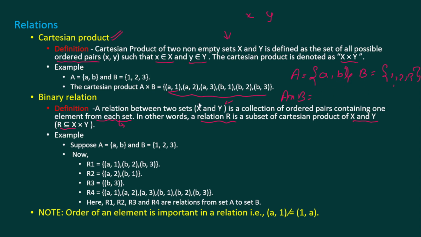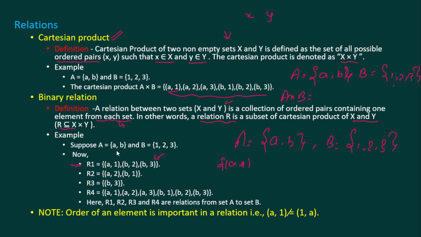So basically each relation must contain ordered pairs containing one element from each set. Each set should give one element. Suppose A is {A, B} and B is {1, 2, 3}. Then the relation R1 is (A, 1), (B, 2) and (B, 3).